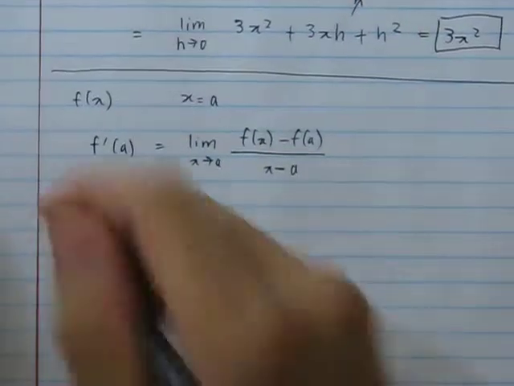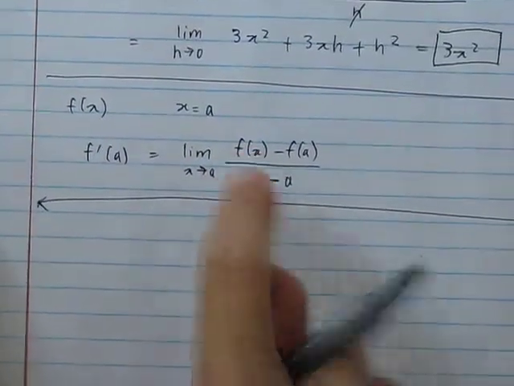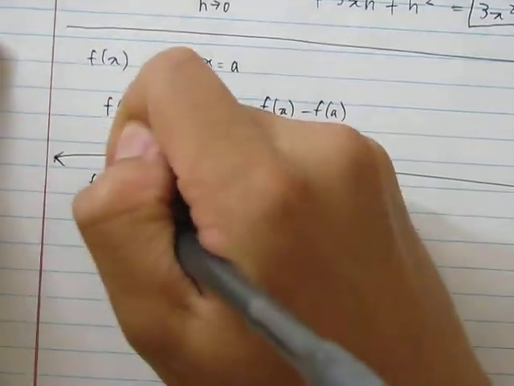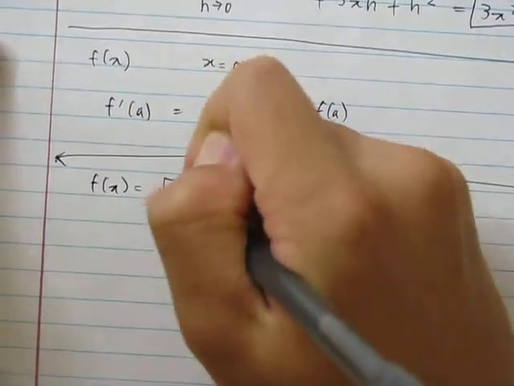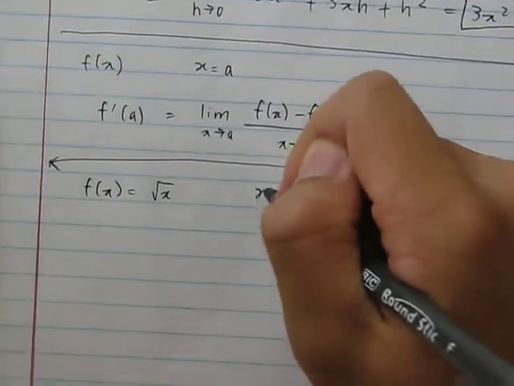So now I'm going to move on and do a slightly different question, and we're going to apply the definition that we just learned right here, right? We're asked to differentiate f of x equals the square root of x at the point x equals a.